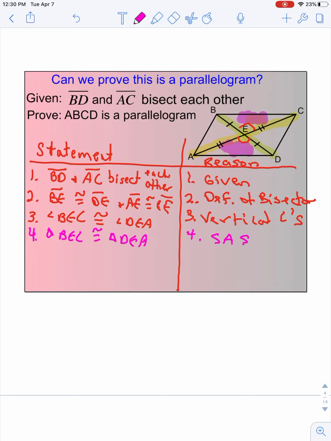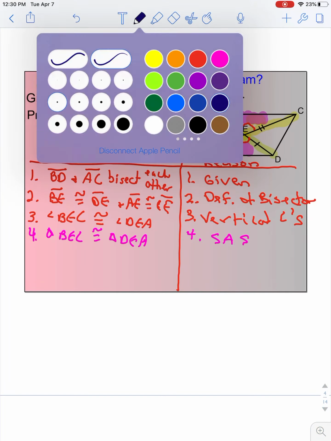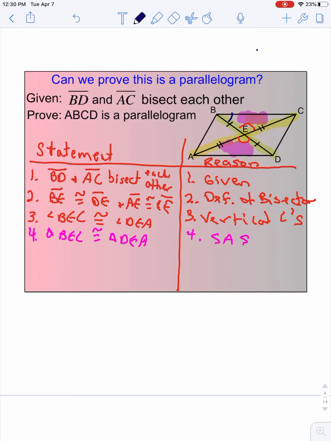Because now we can show that this angle right here and this angle right here are congruent with CPCTC. So I'll go ahead and write that angle CBE is congruent to angle ADE, and that is because of CPCTC.